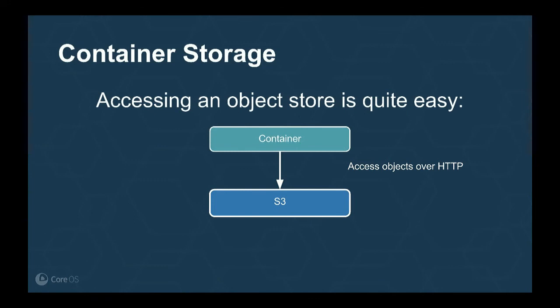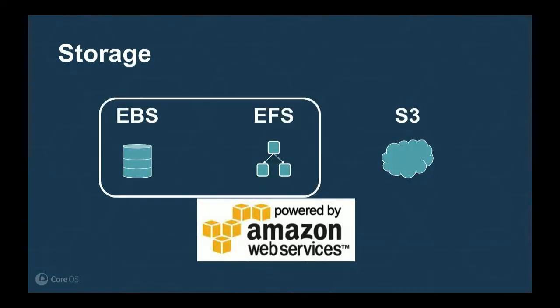So it's quite simple for these applications to be deployed on Kubernetes and then serve that content either through the application or by redirecting the client to that content. But in this talk we're going to focus mainly on the block store and the file store, because those are the types of storage systems needed by databases and other stateful applications.